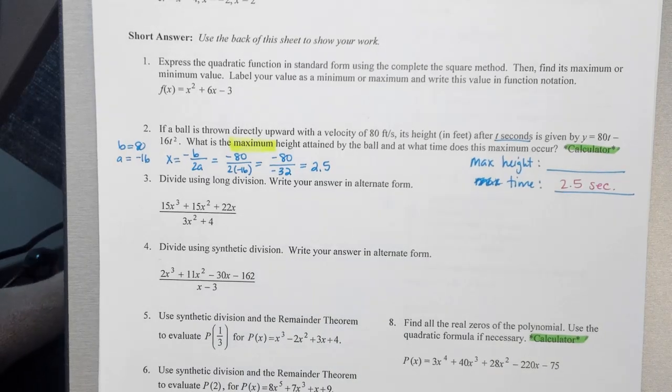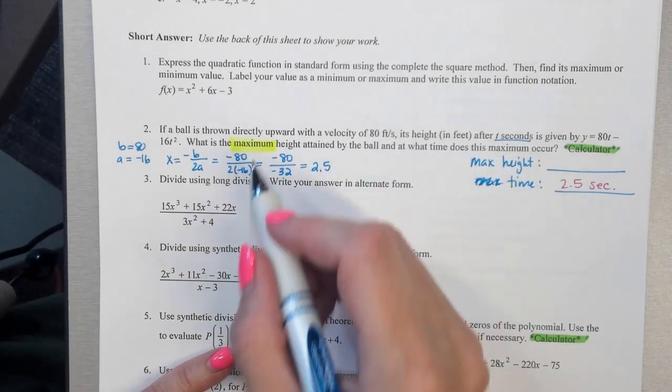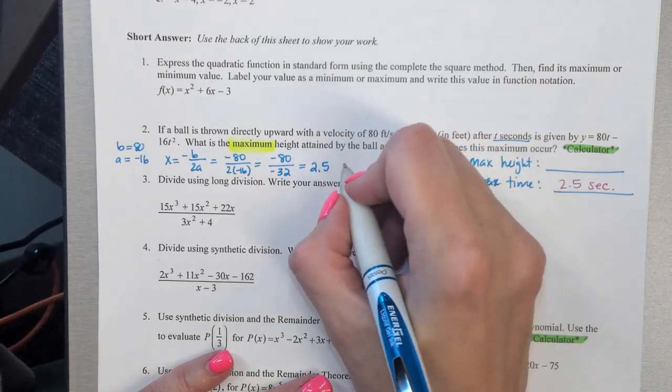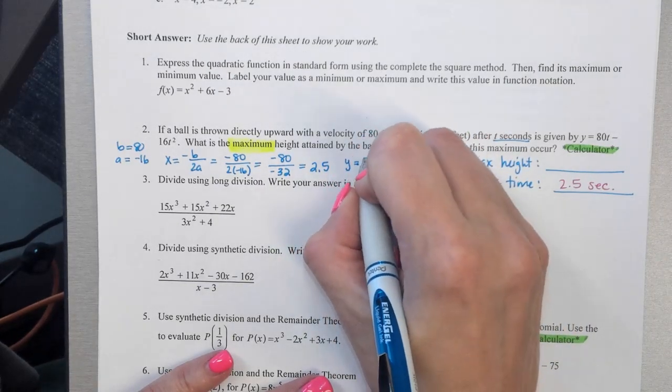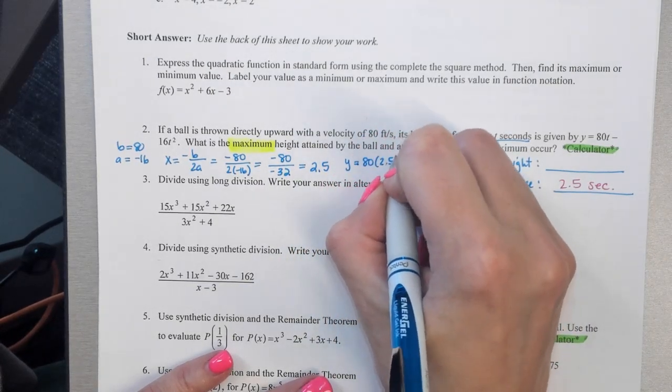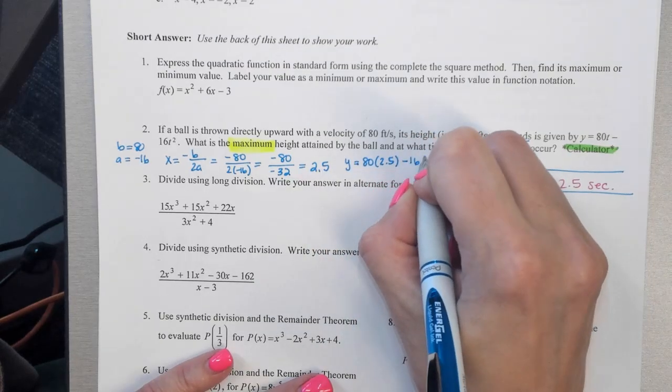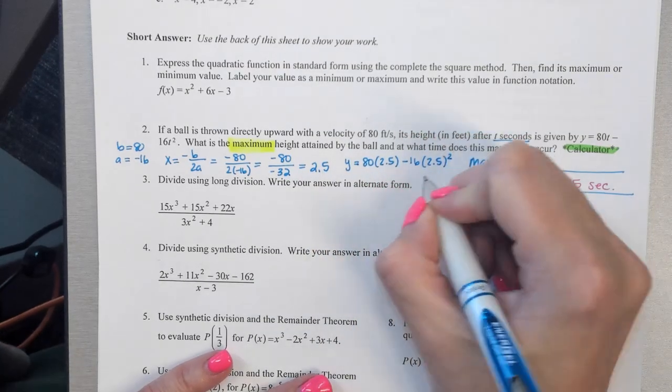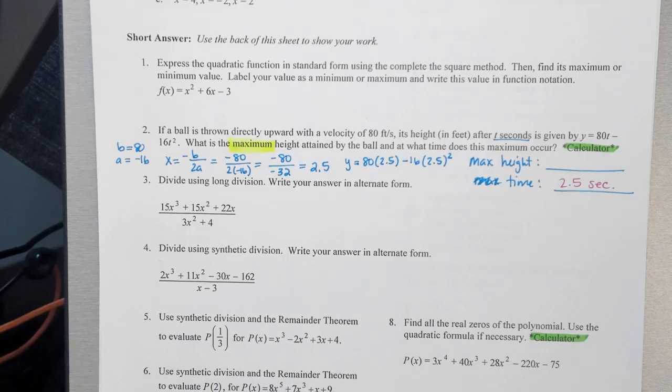Okay, and then to find the maximum height, you're just going to plug this into your equation. So negative 16 times 2.5 squared, plus the rest of the equation. Again, you can just plug that into your calculator. And then did we get 100 for that? What do you guys get for your maximum height? 100, so it'll be 100 in feet.